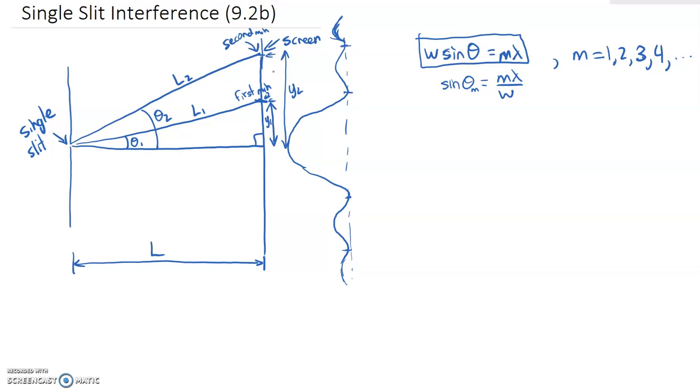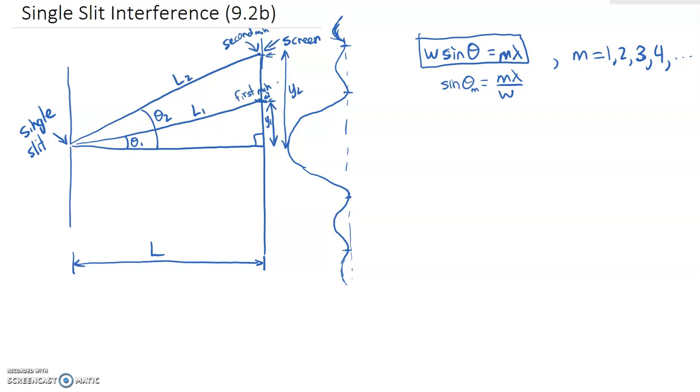Taking this a couple of steps further, we often see that the length from the single slit to the screen is much bigger than the length between the destructive interference points. We can see that in the video link below.